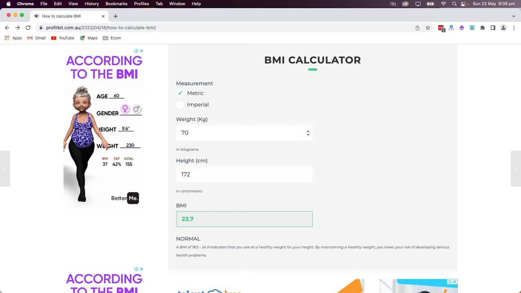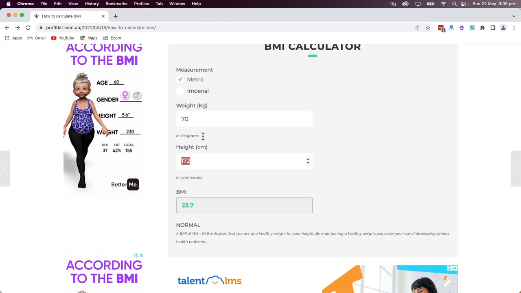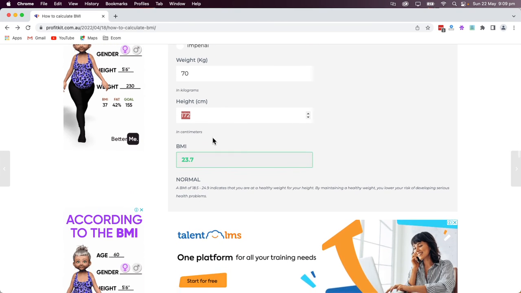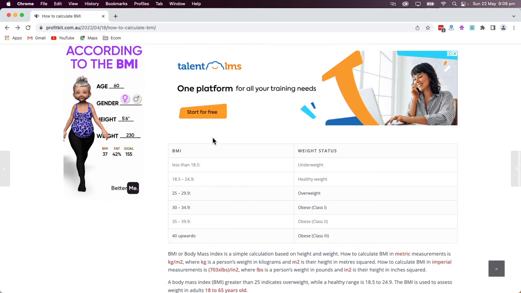If we change that back to 70, we get 23.7, and then you can refer to the chart below, which will tell you all the different categories. Anything over 24.9, so from 25 and above, indicates that, based on the BMI calculation, you're considered overweight or obese.